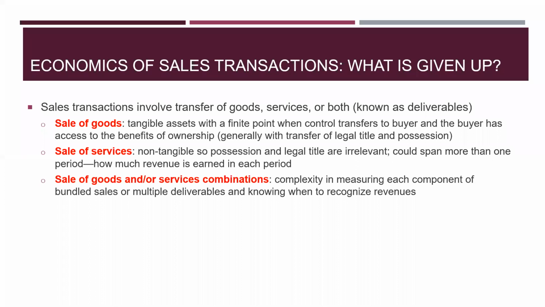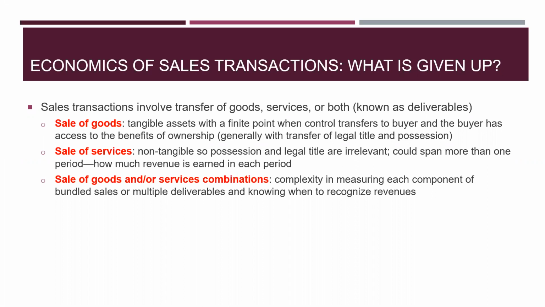So the basics of your sales transaction is what's given up. When you're giving up something, the deliverables as we call them could be your sales of goods, which are the tangible assets where the control is transferred at a point in time. On the other side, you could look at sales of services, which are non-tangible.